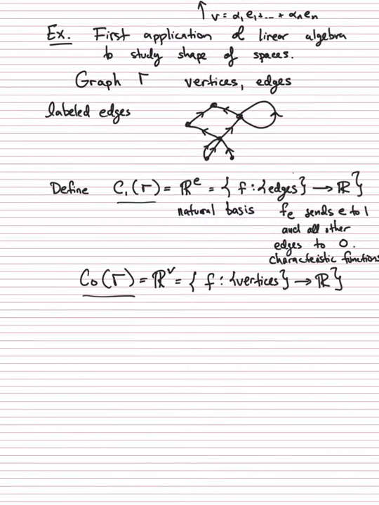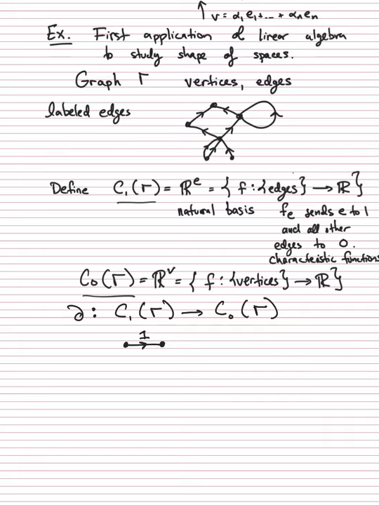So how do you define this? Well, I'll say what it does on a basis. I'm going to call it the boundary map. You can think it takes an edge to its boundary. It goes from C1 to C0, and it takes an edge.